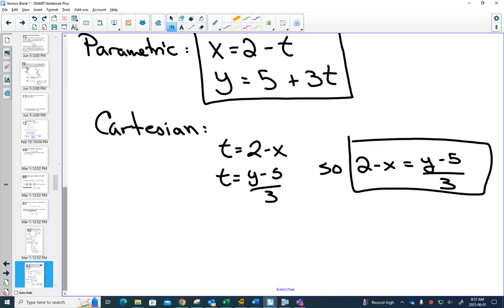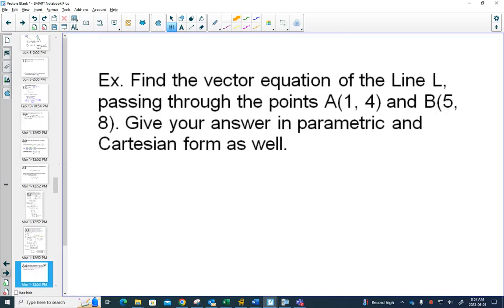We'll do one more in 2 dimensions. And we'll draw a picture to see what's happening here. So if you have the points 1, 4, oh my goodness.